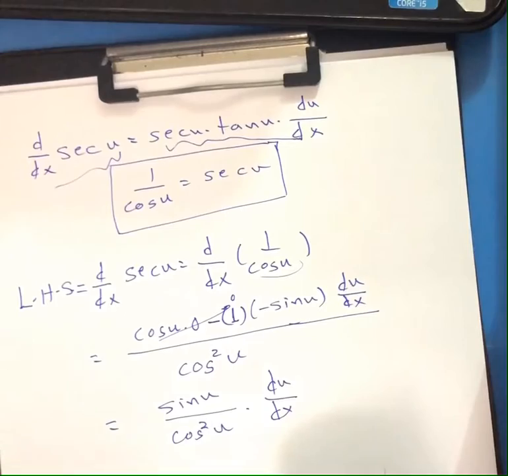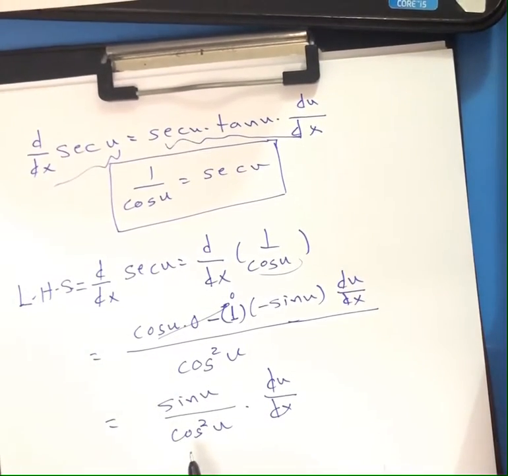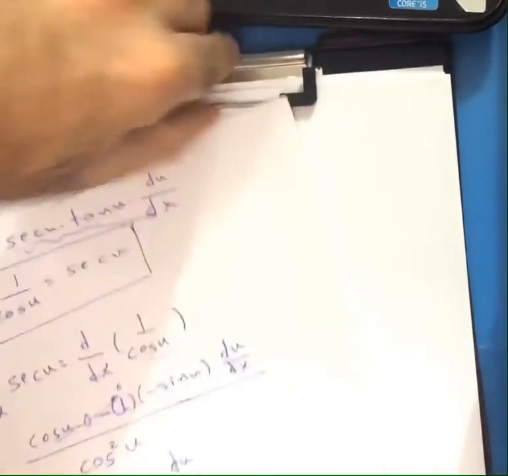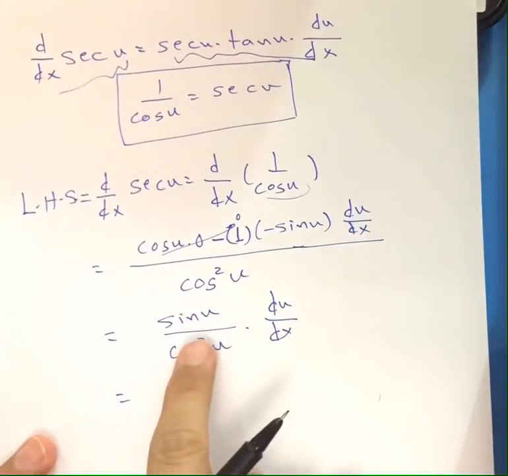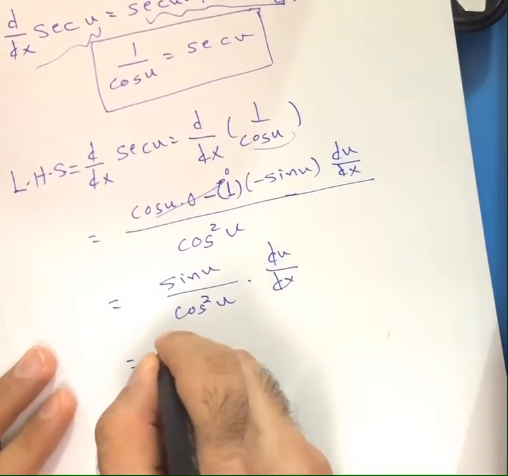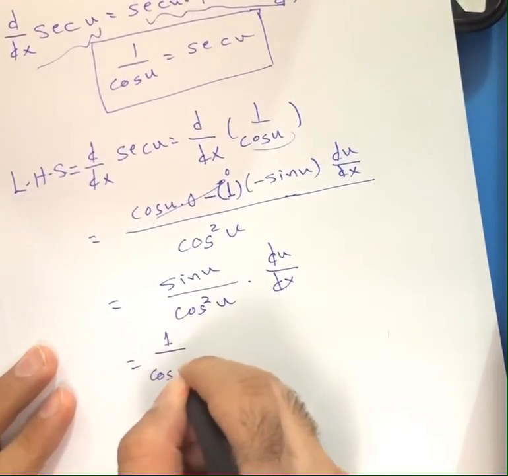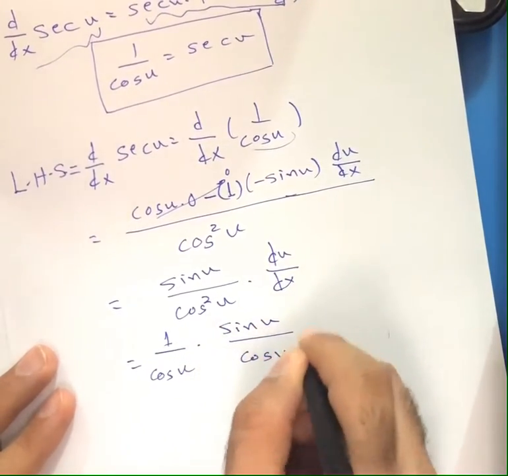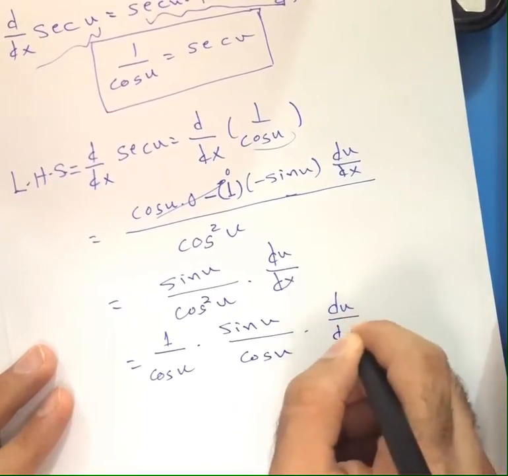Now we can write this like this. We know that sine u divided by cosine square u can be written something like this: 1 over cosine u multiplied by sine u divided by cosine u, du by dx.